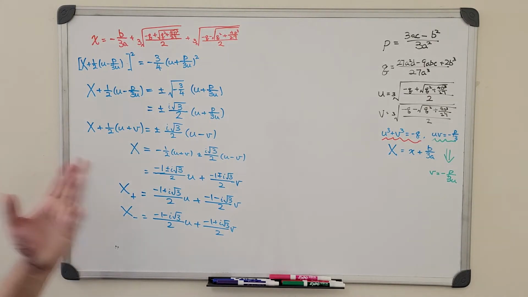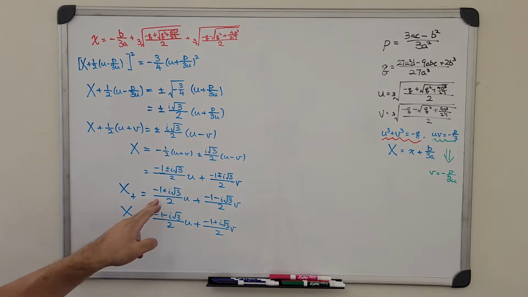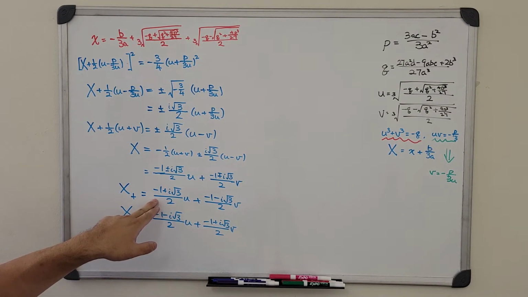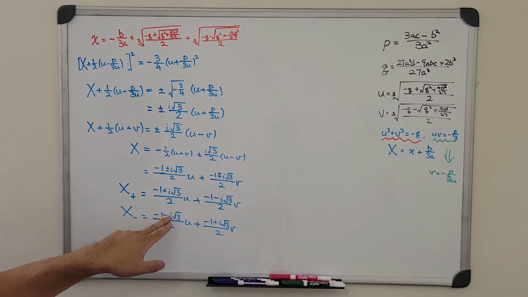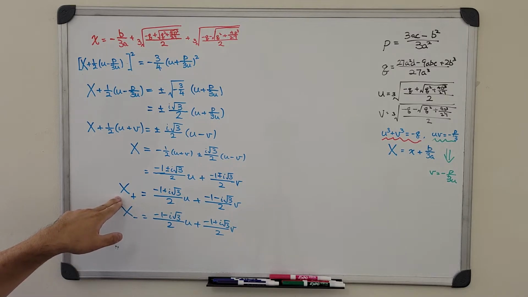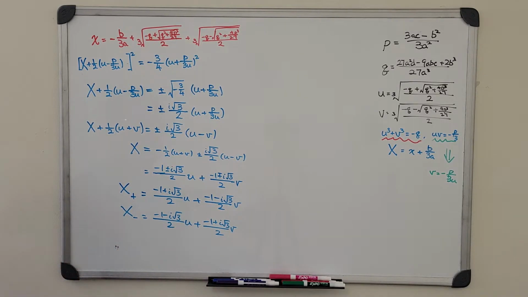So, what makes these two values so special? We can see that we have (-1 plus i radical 3) over 2 on the first in u for the plus solution, but then it appears in the v term in the minus solution, and for the other one they just switch.